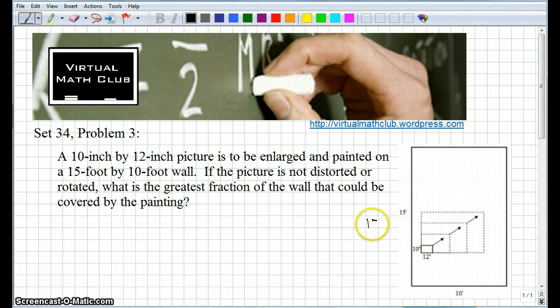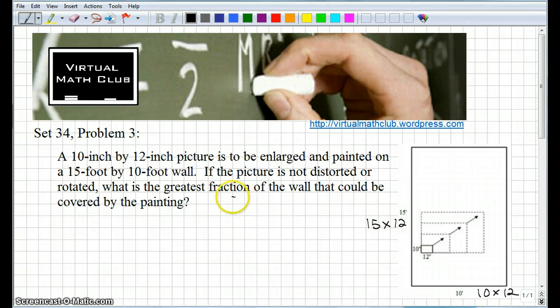If we take 15 feet times 12 inches per foot, then we'll get the dimensions in inches. In the same way, if I take 10 feet times 12 inches per foot, then I'll get the height of the wall in inches. I'm really not going to bother multiplying these out because I know I'm creating a fraction.